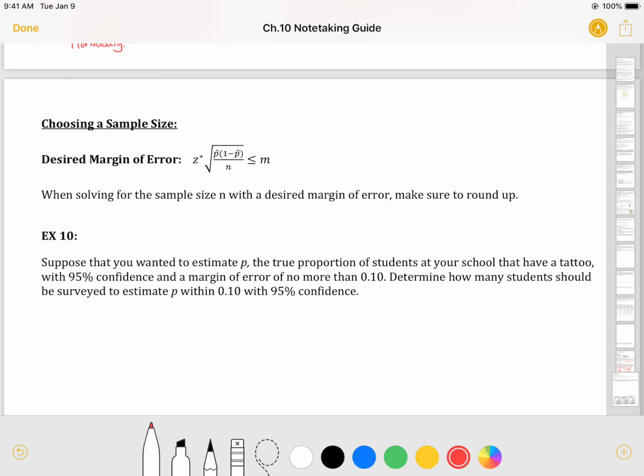We know that this specific formula right here represents the margin of error for a one proportion Z interval, and what we're going to do here is set it equal to or less than this desired margin of error. Make sure that when you are solving for this sample size, you always round up.